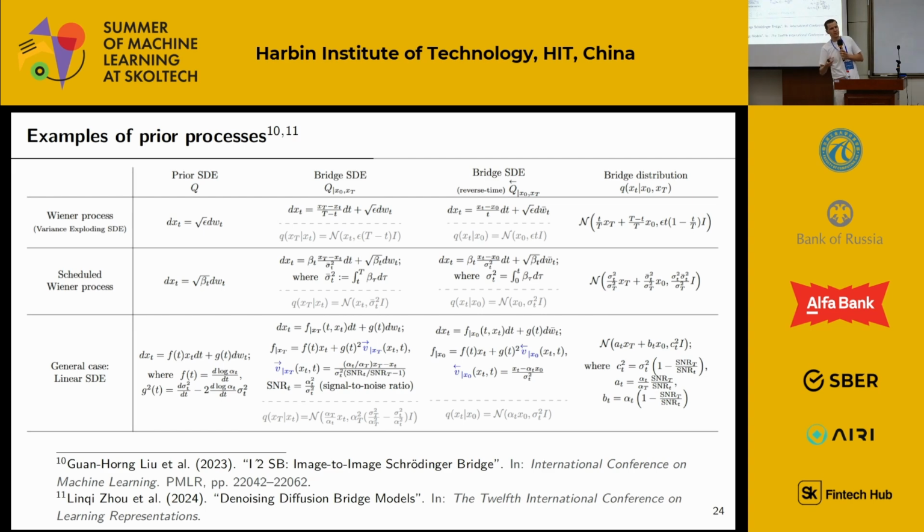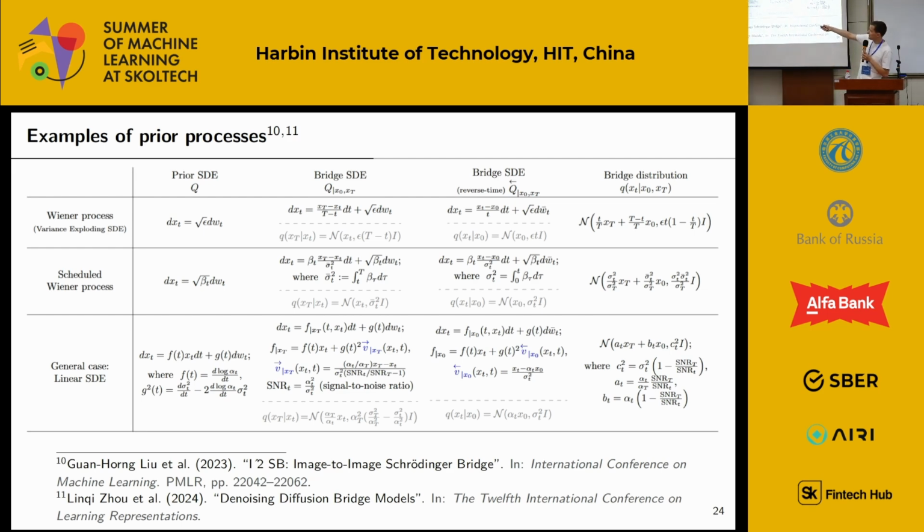Sometimes, if you slightly modify its parameters and obtain some different processes, the performance in practice of such models is much better. One of the ideas, which is borrowed from standard diffusion models, is the scheduling. So one process which is also widely considered is the scheduled diffusion process. What is this scheduled Wiener process?